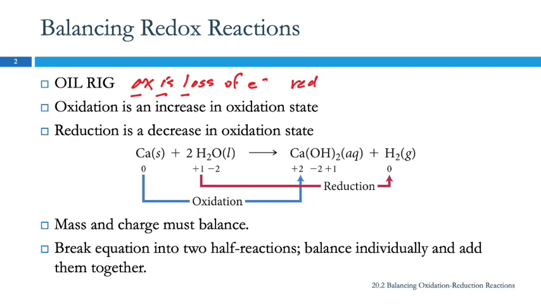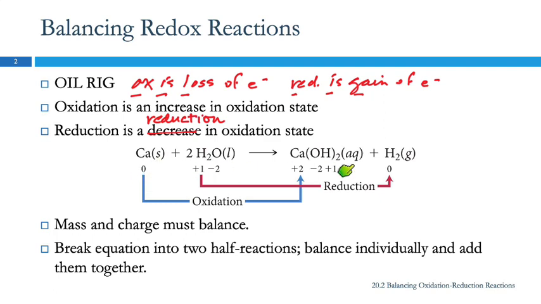And reduction is gain of electrons. Another way to look at it, oxidation is an increase in the oxidation state. Reduction is a decrease, or a reduction, in the oxidation state. And I use both of those ways of remembering because sometimes one works easier than the other.